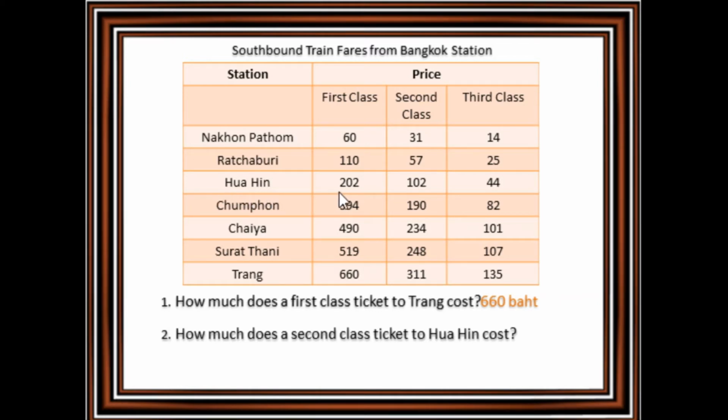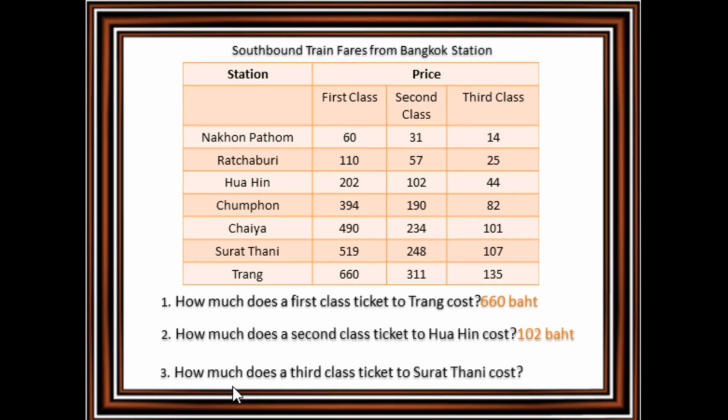Do we need to find first class? No, we don't need to find it. Second class. Yes. The question is how much does the second class ticket cost? It's 102 baht. Good job. Let's have the third one.